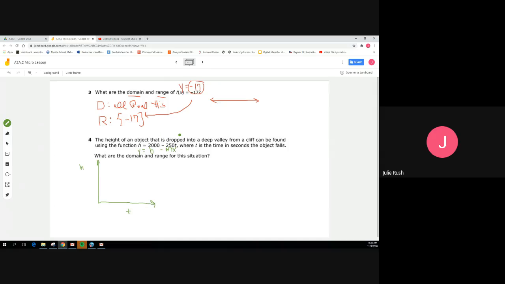Since the object is being dropped, it's starting at 2000 up in the air, and then it falls at a steady rate till it hits the ground. When it hits the ground, my y value is equal to 0.